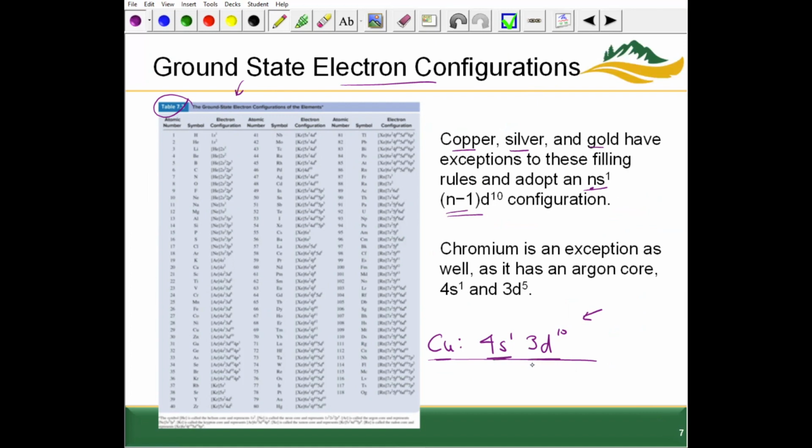for copper. Something else I'll point out here for copper specifically, we see argon listed like this, and then we're only showing these 11 electrons actually listed out.